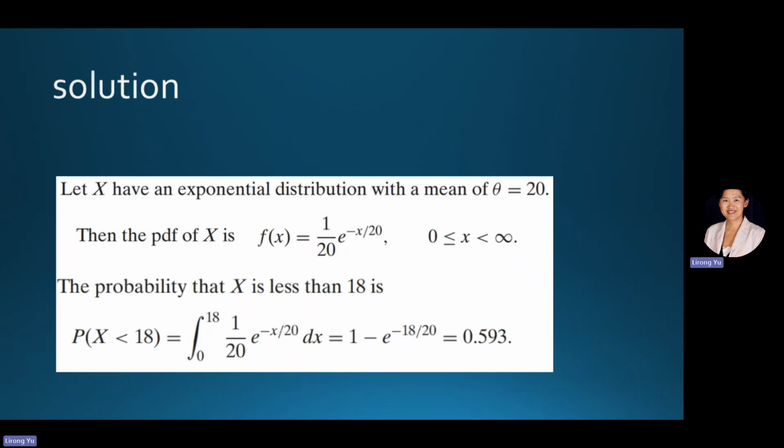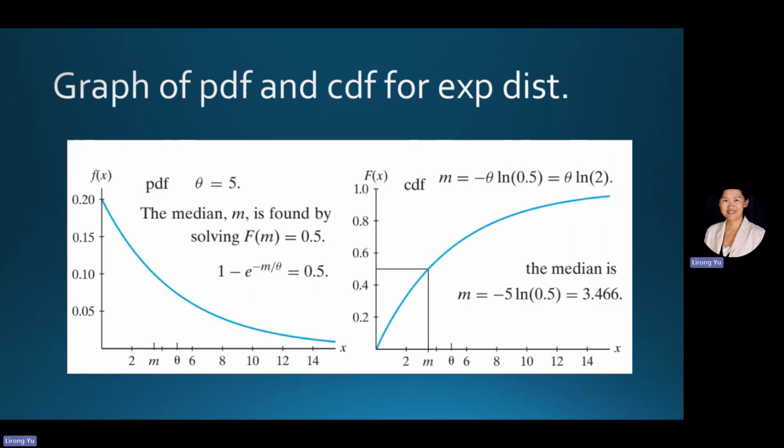So these are the calculations. You can also use the density function. We integrate the density function from 0 to 18, which allows you to do the calculation. Or you can simply plug theta into the CDF, 1 minus e to the negative 18 over 20. Same calculation. This integration equals the CDF, which gives the same value.